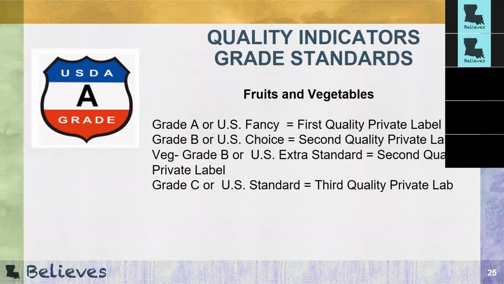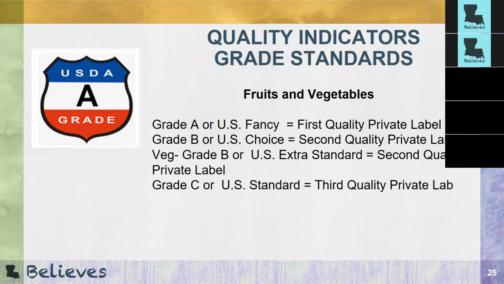Grade standards are USDA quality standards and are based on measurable attributes that describe the value and utility of the products. U.S. grade standards provide a uniform language for describing the quality and condition for meat, poultry, fresh fruits and vegetables, and processed fruits and vegetables.